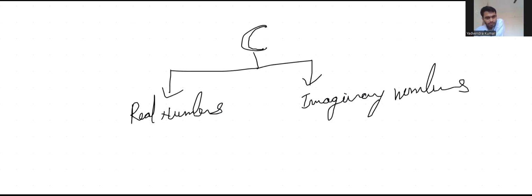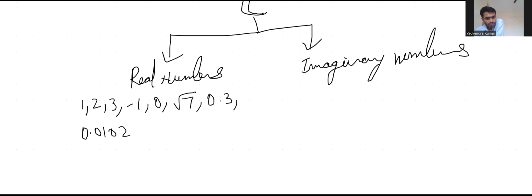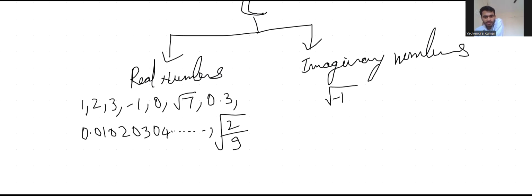Real numbers, examples: 1, 2, 3, minus 1, 0, root 7, 0.3, 0.01, 0.2, 0.04, and so on, right? So these kinds of numbers, root 2 by 9, these kinds of numbers, right? Imaginary numbers: root under negative, like root under minus 17, root under minus 13, then 3 minus 2 iota.